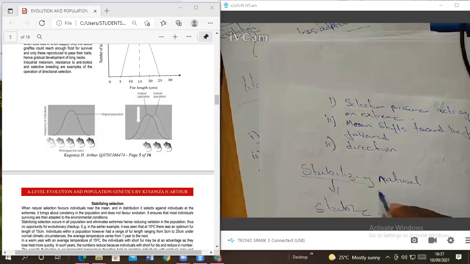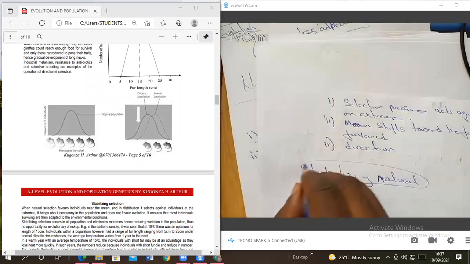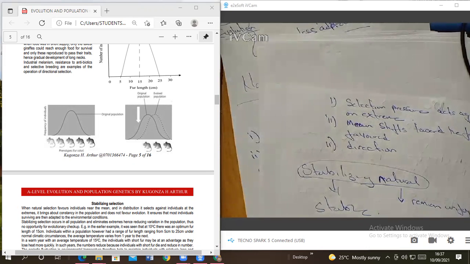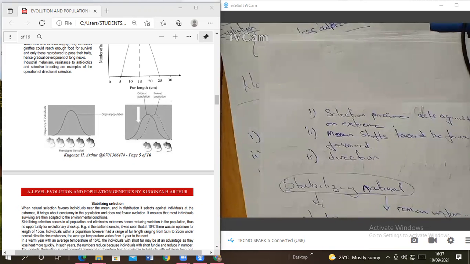Now, this stabilizing natural selection mainly occurs, the first condition, when the environmental conditions remain uniform for a long period of time. All together?